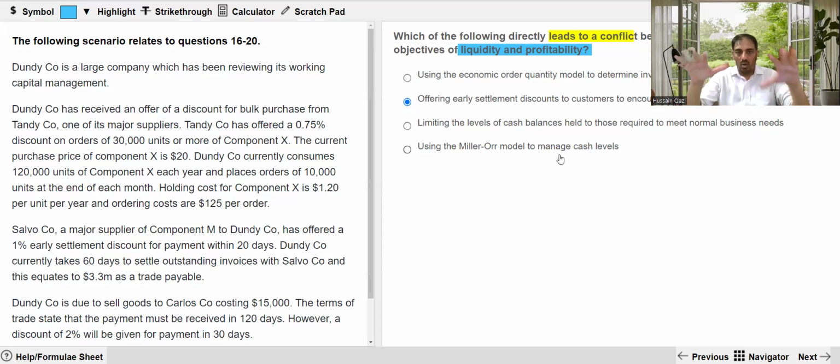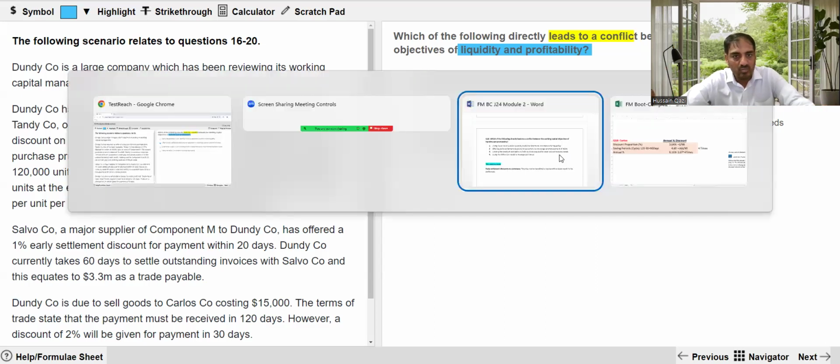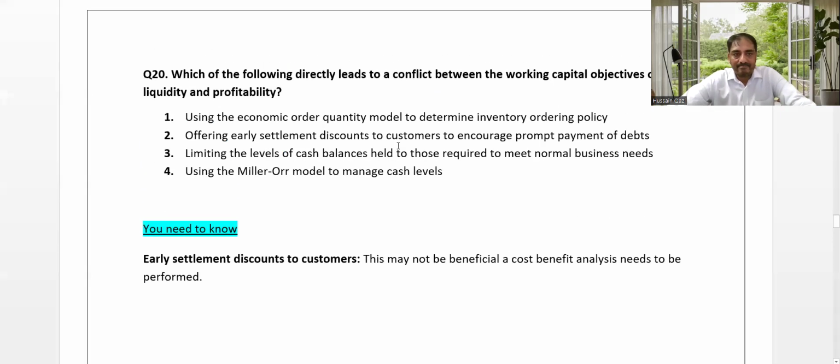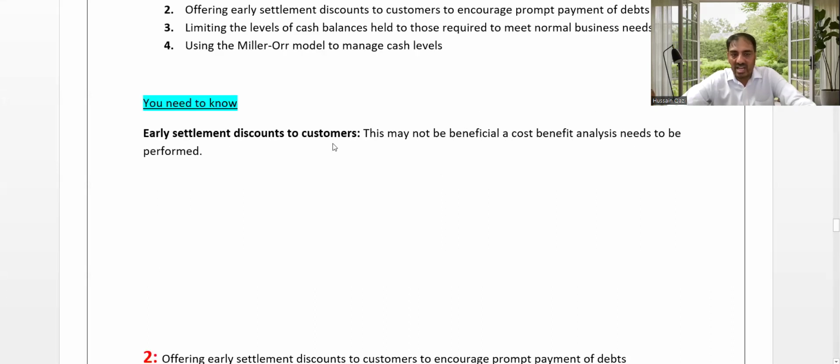So only the second statement reflects, before analysis, the conflict between working capital objectives of liquidity and profitability. That's a point. You need to know early settlement discount to customers may not be beneficial.